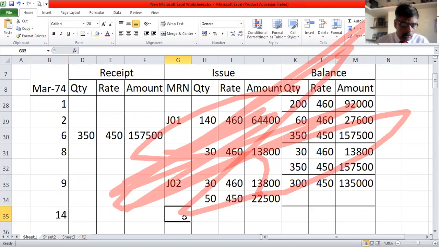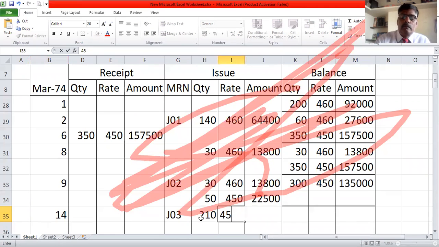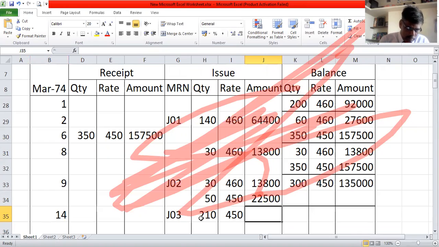Then issue quantity on 14th is job number 3. Job number 3, quantity to be issued is 210. Out of 300, you issue 210 at the rate of 450. That is 450 into 210 is equal to 94,500.